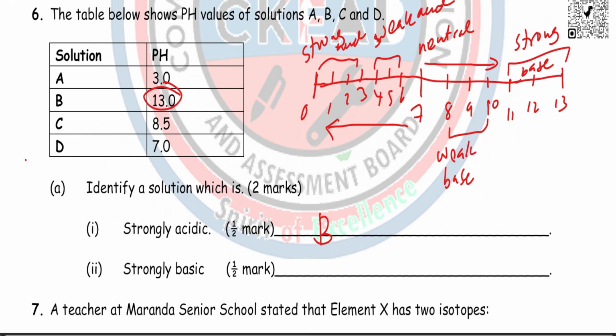Again, sorry, strongly acidic is not B. We said strongly acidic ranges from 0 to 3, so most probably it is A. Strongly basic is B. So anything above 7 is a base, anything below 7 is usually an acid. From 1 to 3 or 0 to 3 is usually a strong acid. From 11 to 13 is usually a strong base. Let's now go to the other question.